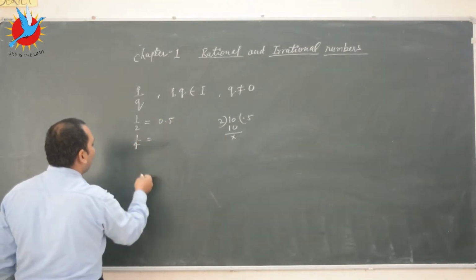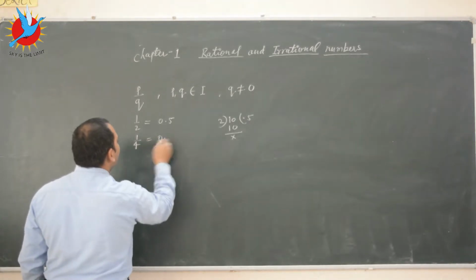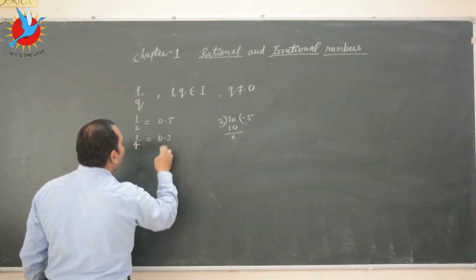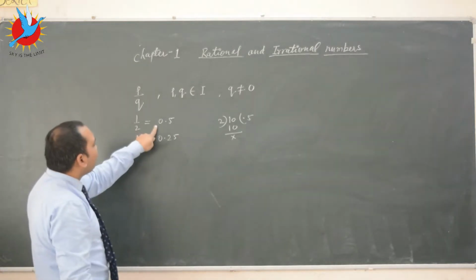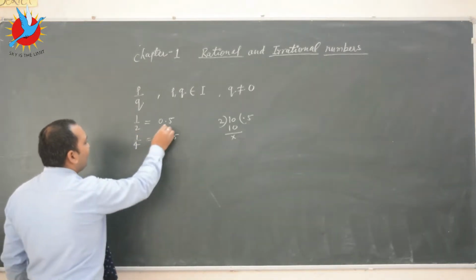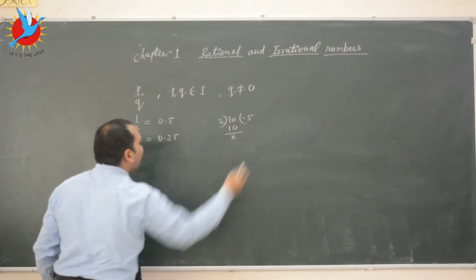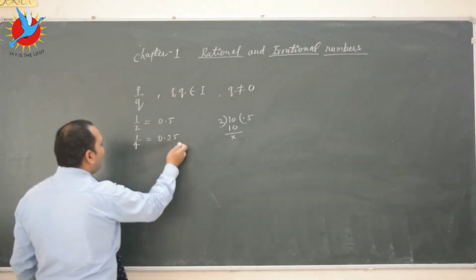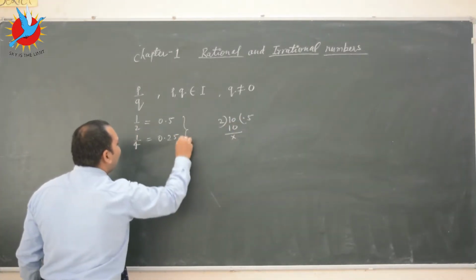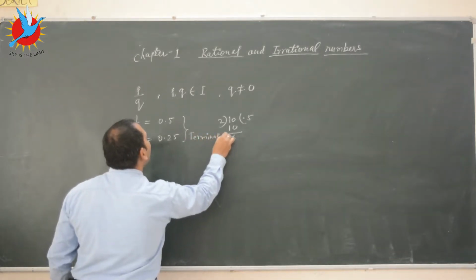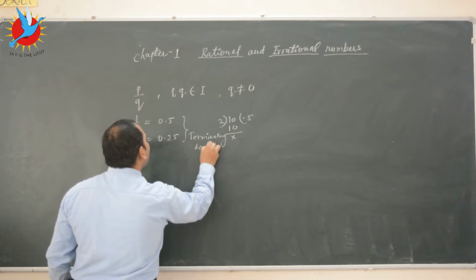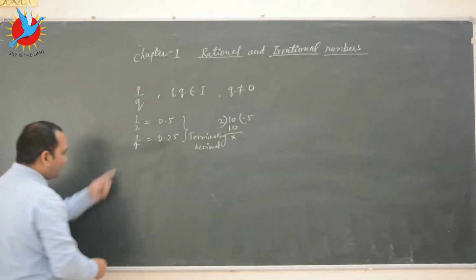Then 1/4 will be 0.25: 4 twos are 8 and 4 fives are 20. A number which exactly ends after some decimal place is called a terminating decimal.